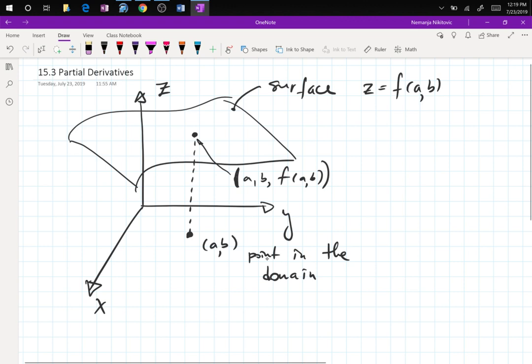So now, when you have that, over here in, let's say, blue, I'll draw a new y-axis, and I'll draw in red a new x-axis.